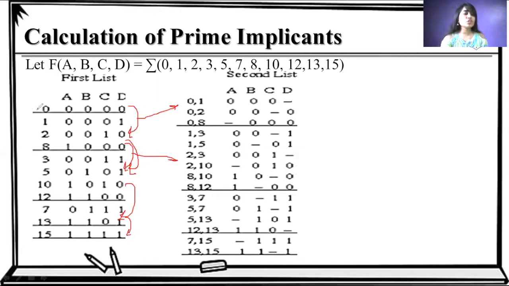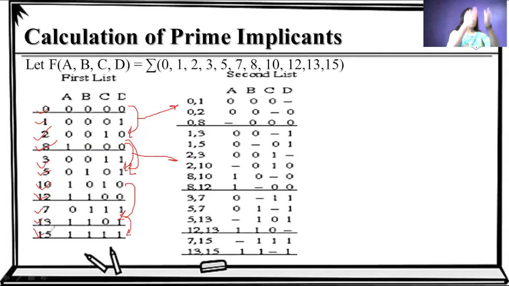Here 0 and 1 are used, then 0 and 2, then 0 and 8, then 1 and 3, 1 and 5, 2 and 3, 2 and 10, 8 and 10, then 8 and 12, 3 and 7, 5 and 7, 5 and 13, 12 and 13, then 7 and 15, 13 and 15.